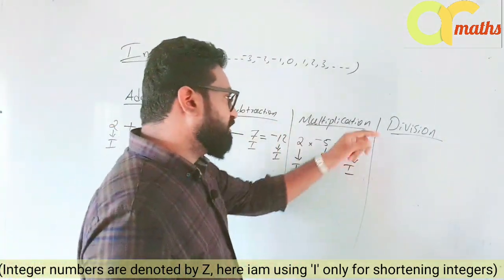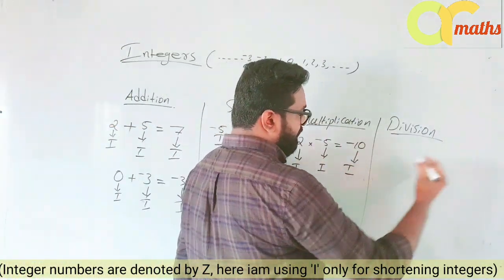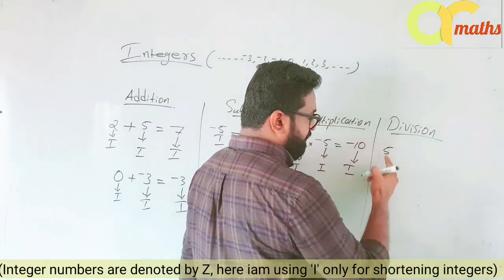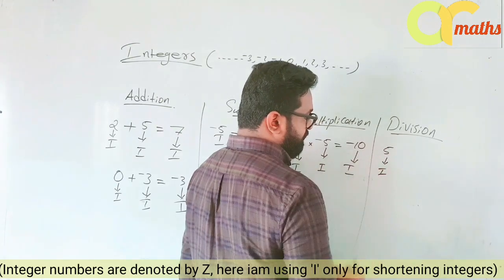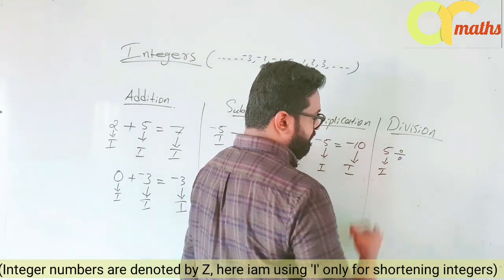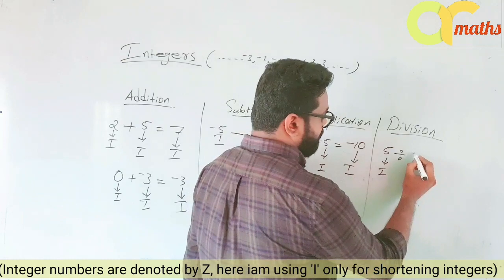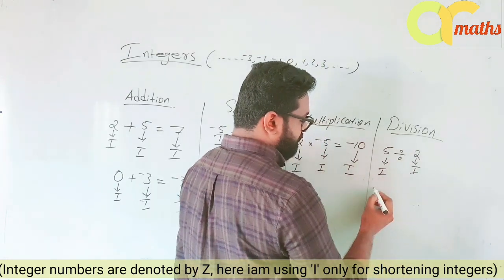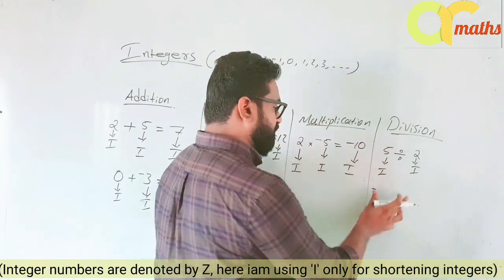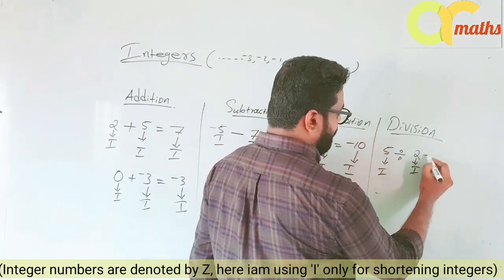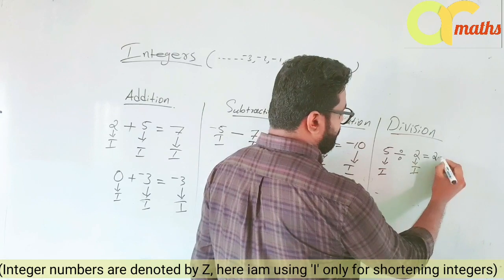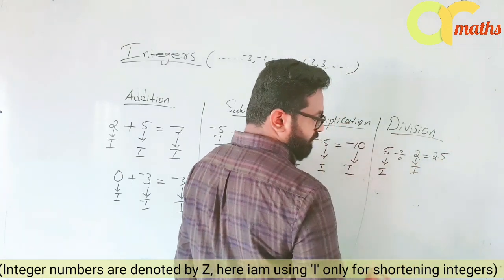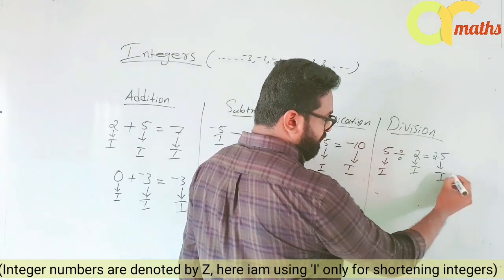Very simple. Next, division. Take any integer, 5. I am taking 5. Then divide by another integer, 2. You can choose any number. Then what is the answer? 5 divided by 2 is 2.5. 2.5 is not an integer.